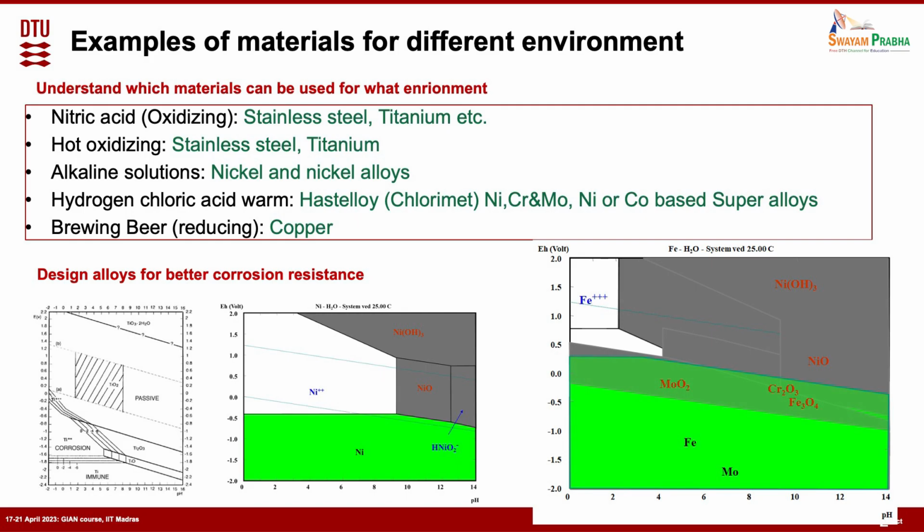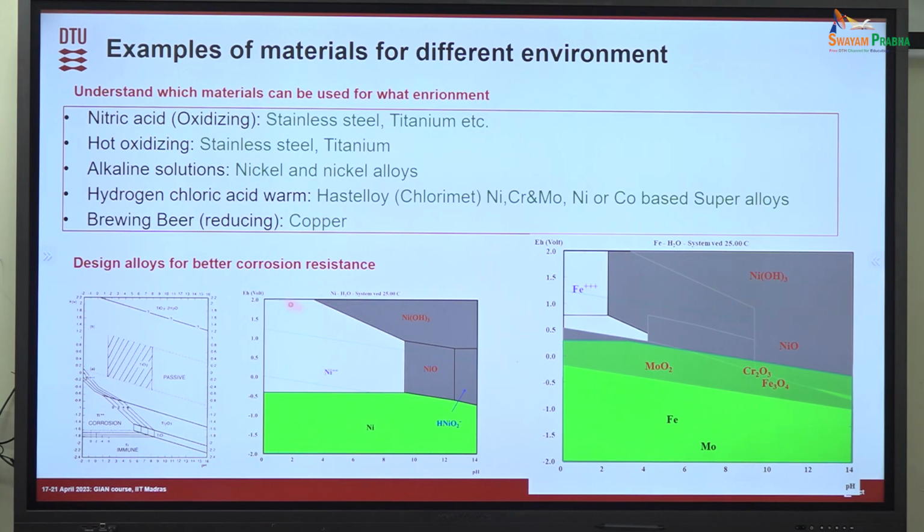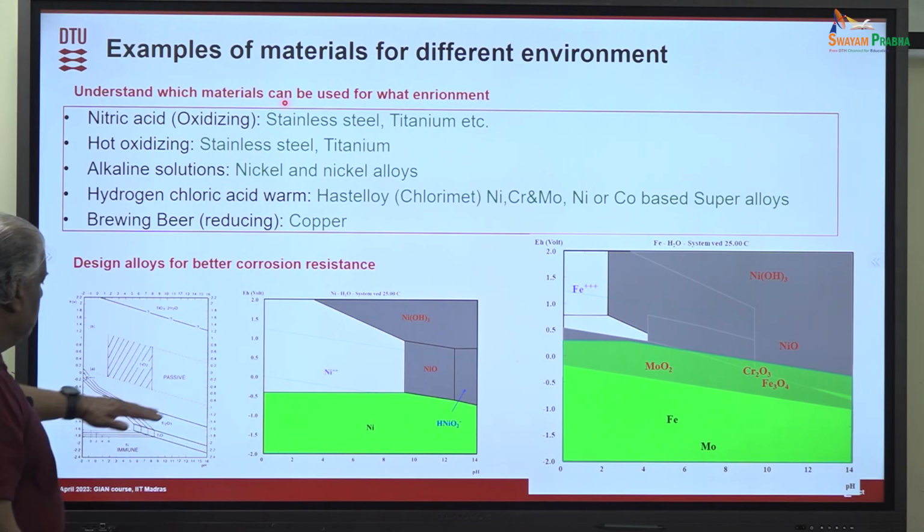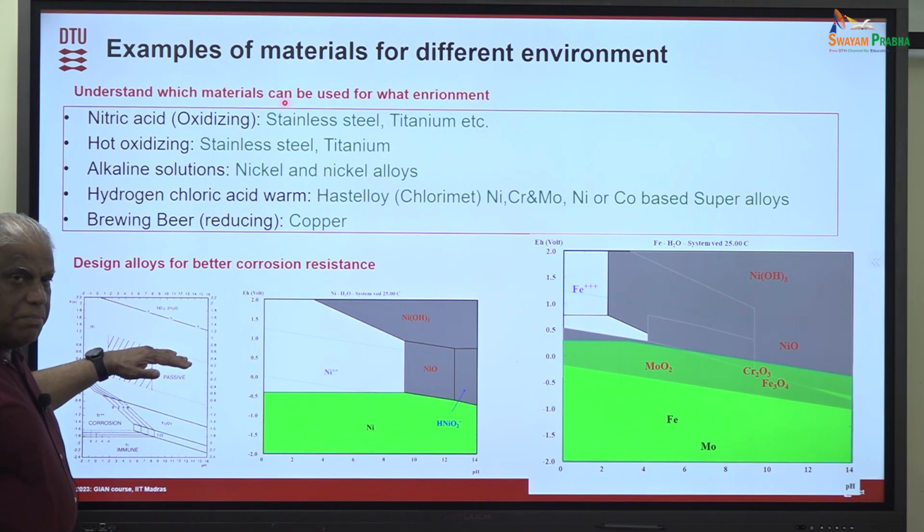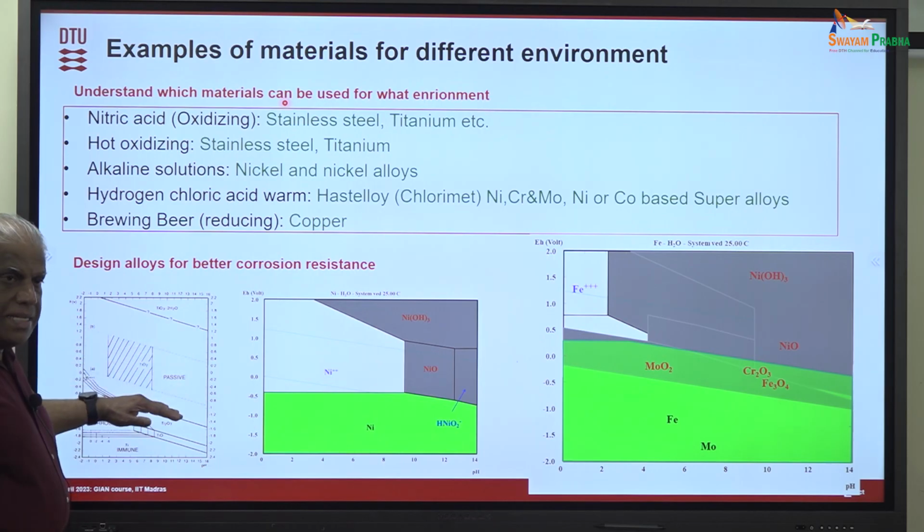In corrosion engineering, it is important to know what material can be used in general, along with the corrosion understanding. Normally we say that all passivating metals are good for oxidizing conditions, because passive metals always form an oxide film when you raise the potential, and an oxidizing environment automatically raises the potential.